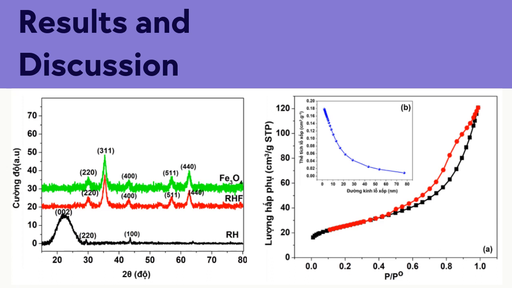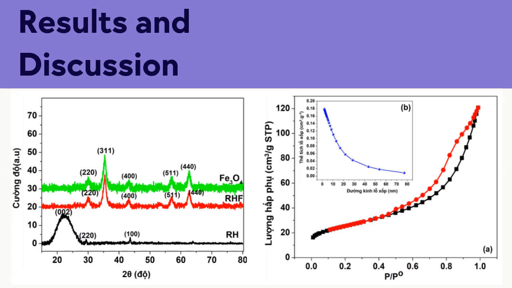Calculated results show that the specific surface area of the material is 89.41 square meters per gram, significantly lower than that of rice husk, due to the iron oxide nanoparticles that fill the voids in the rice husk.